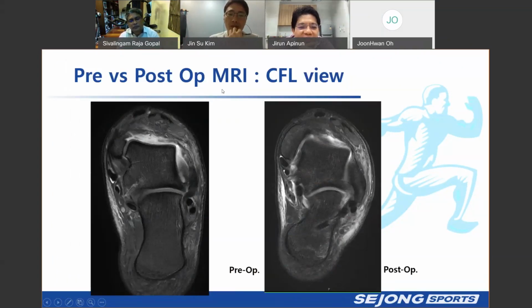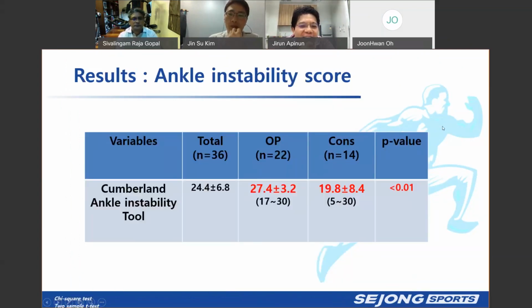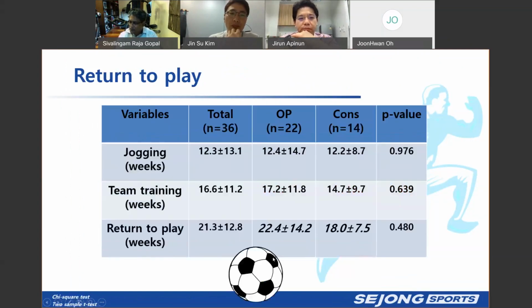After CFL repair, the MRI showed the very loosened CFL straightened. After 1 year of follow-up, the ankle instability score in the operation group is much better than the conservative group.